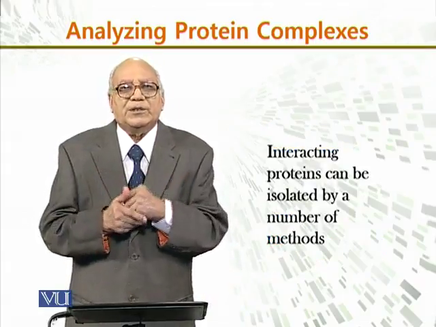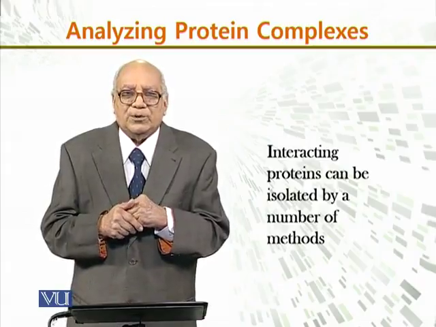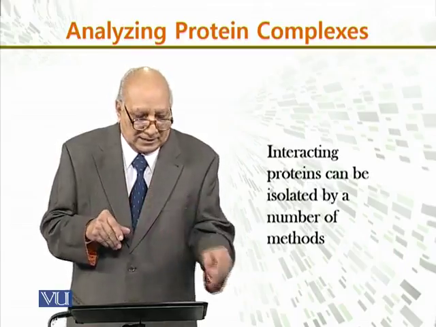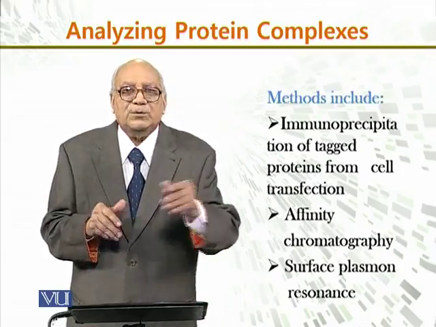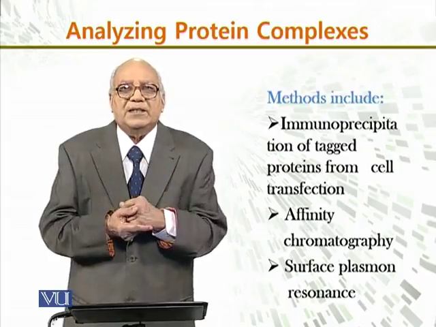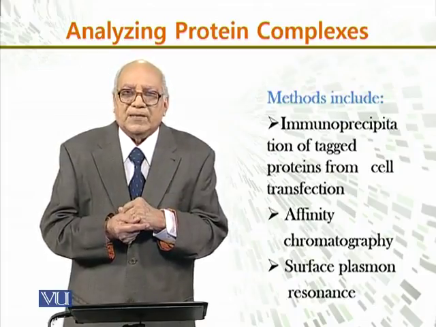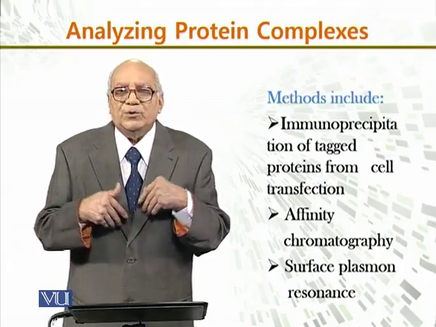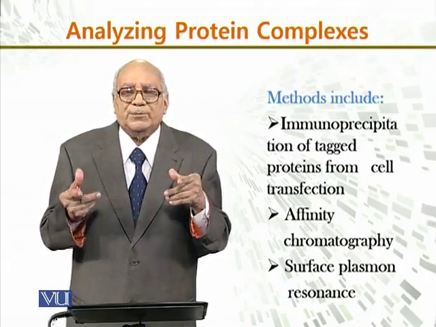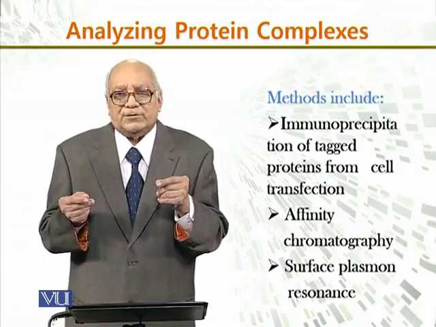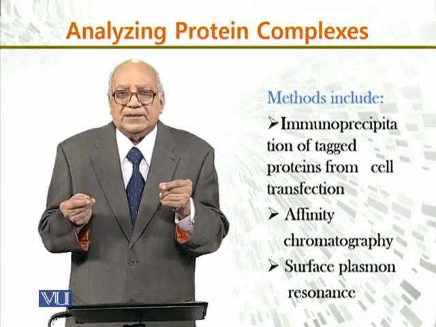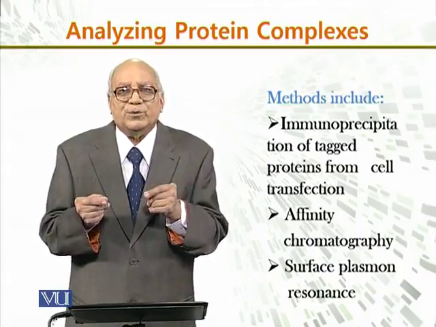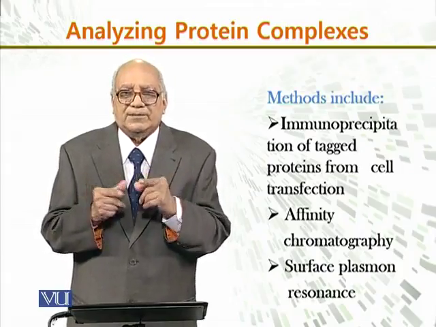Now, interacting proteins can be isolated by a number of methods. The methods include: one is immunoprecipitation of tagged protein from cell transfection, that is, the immunoprecipitation of those proteins from the cell.